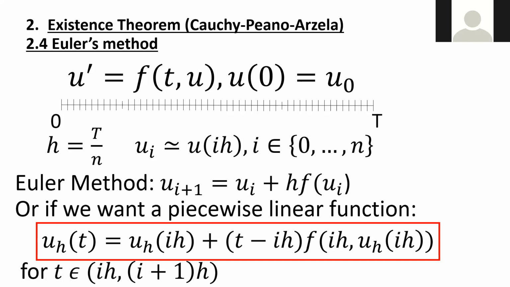So at each time interval here, my function provided by the Euler method is a linear function, right?